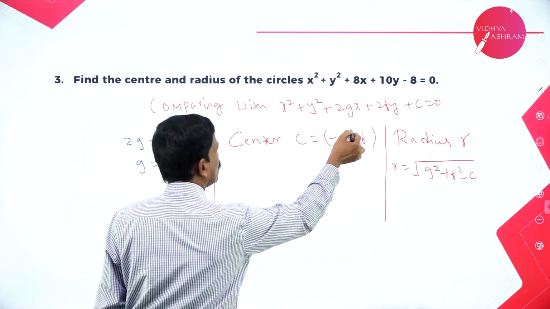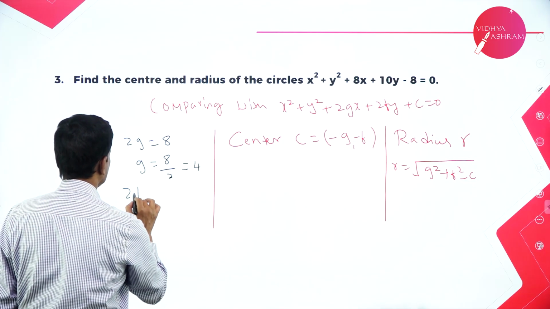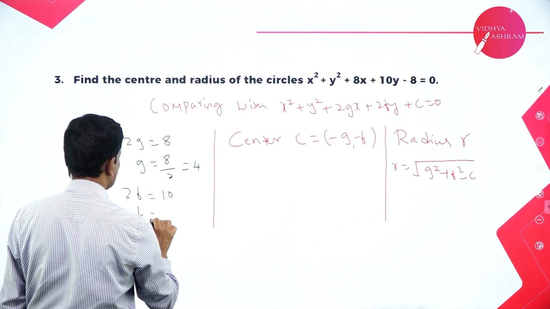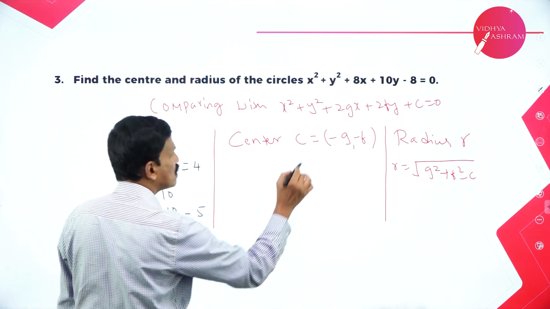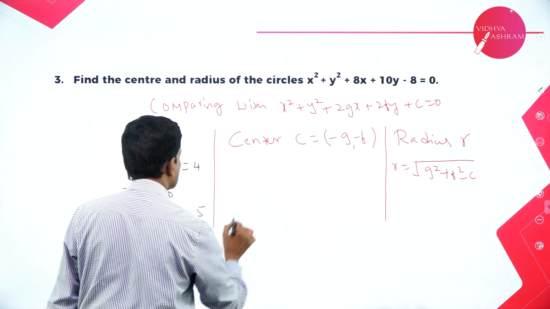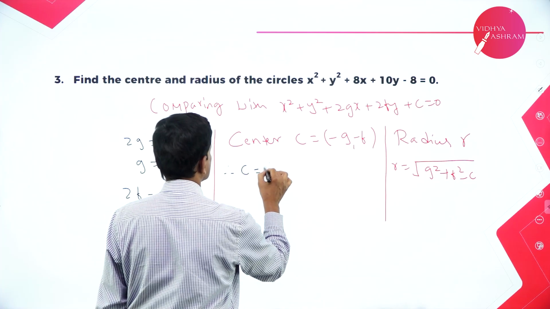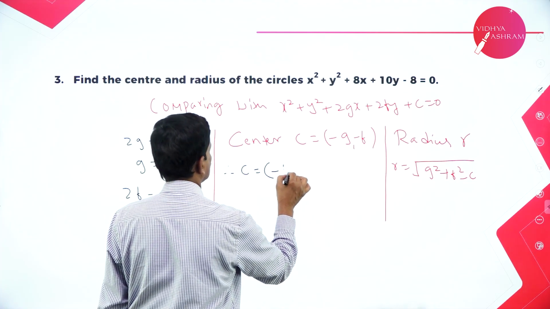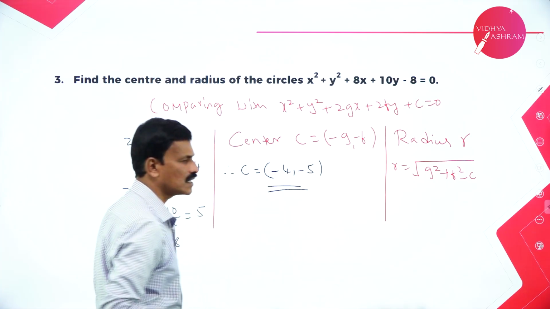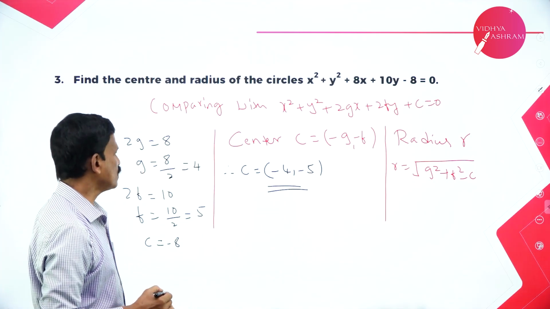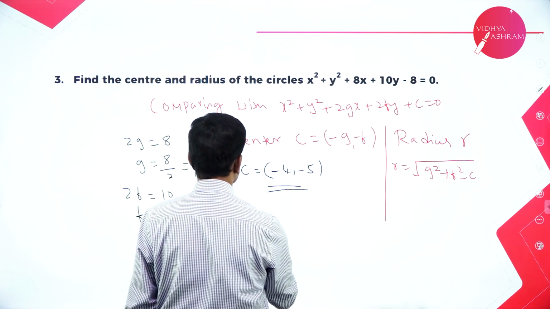Again 2f is the coefficient of y, 2f is equal to 10, f is equal to 10 by 2, that is 5, and the constant c is equal to minus 8. Substitute here, therefore the center is minus g, which means minus 4, comma minus f, which is minus 5. Center is (minus 4, minus 5).